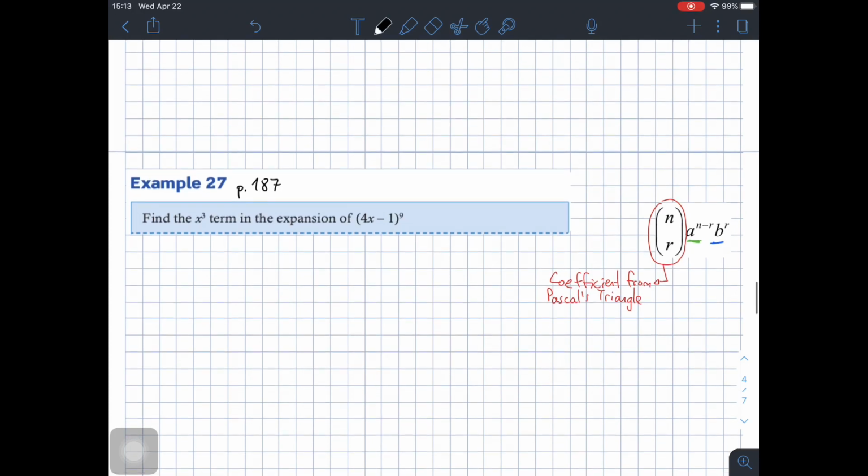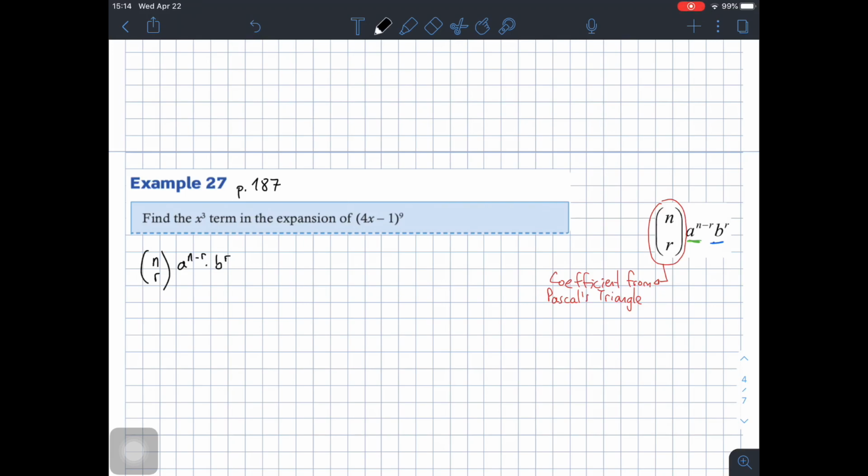We want to find the x cubed term, right? So that is the term that contains x cubed when we expand this, okay? So if I write the general formula, nCr of a to the power of n minus r times b to the power of r.